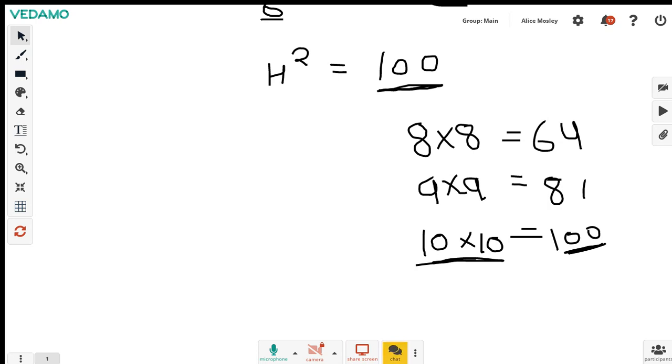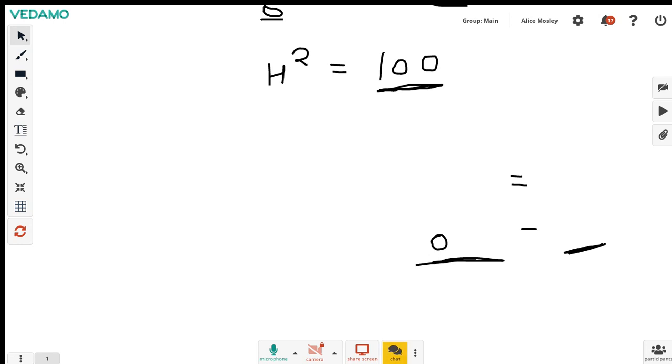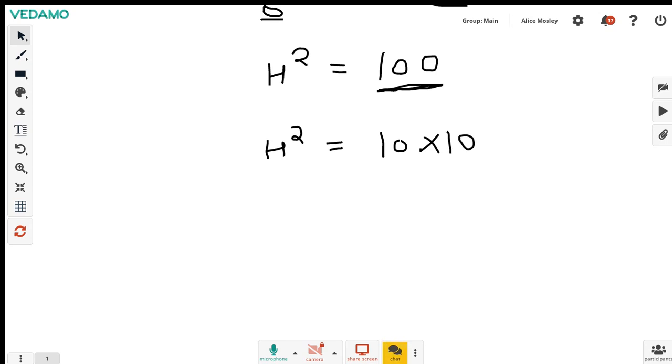Instead of 100 here, I'll write h square is equal to 10 multiplied by 10. I call power 2 as a square sometimes. It is a standard mathematical pronunciation. So h raised to power 2 can be written as 10 multiplied by 10.